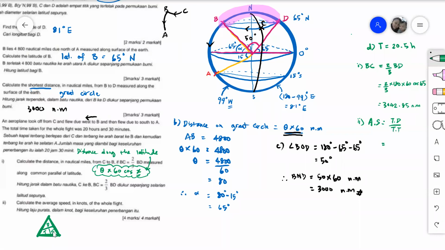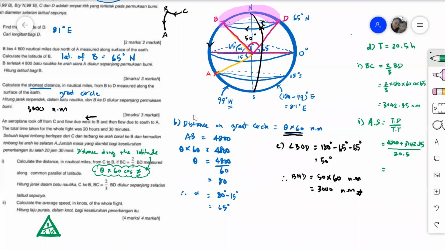The total distance will be from C to B, which we found in D part 1, plus A to B, which is given in B. So the total distance will be 4,800 plus 3,042.85 nautical miles, over the total time, 20.5 hours.